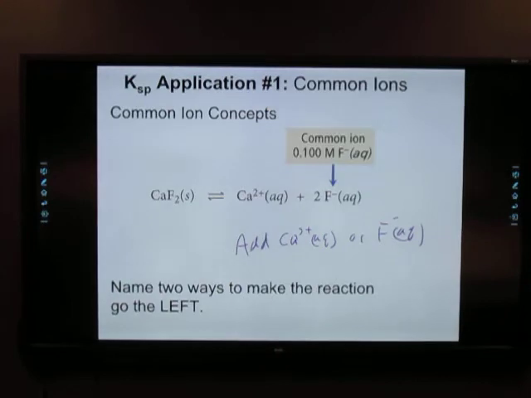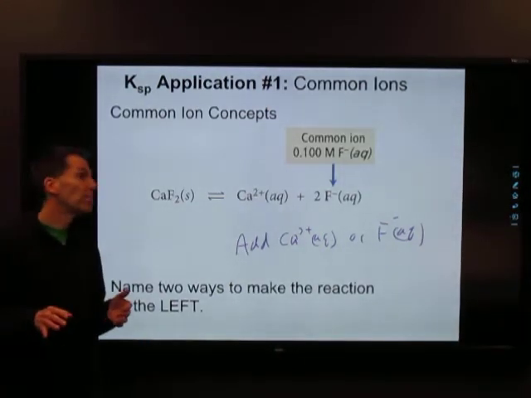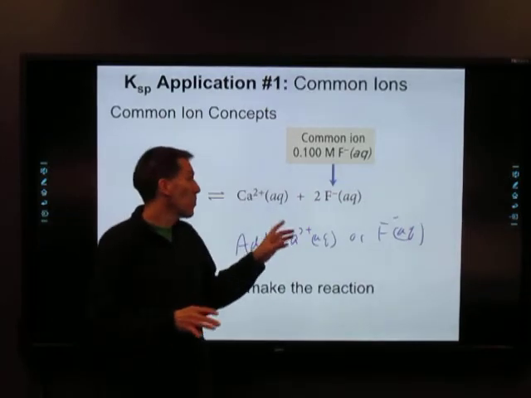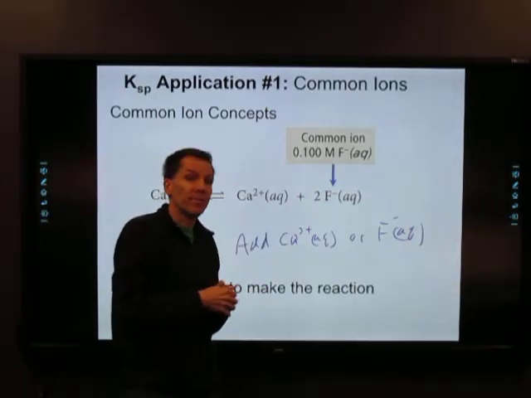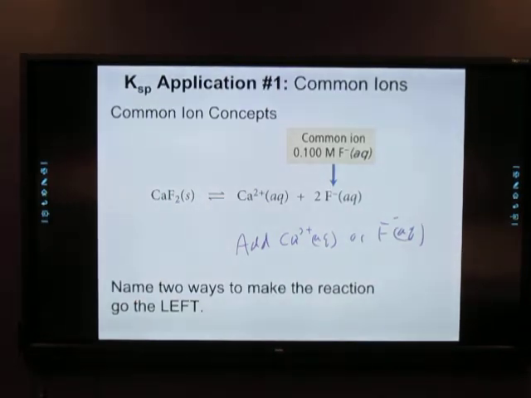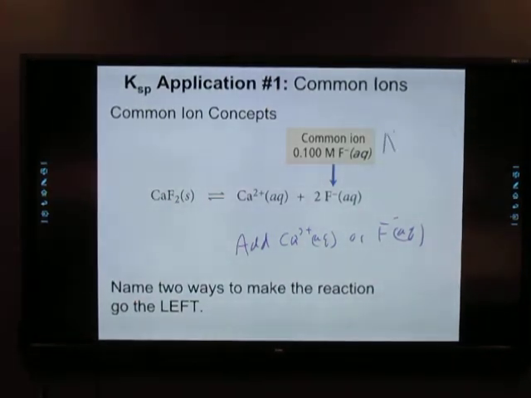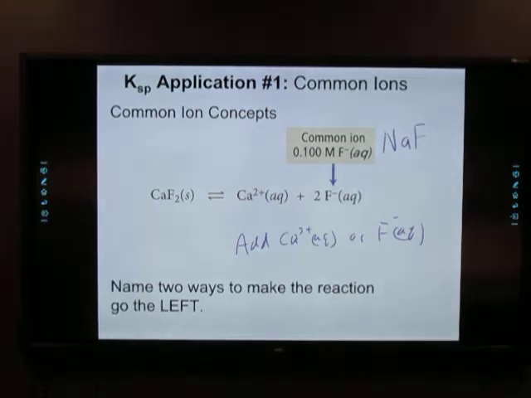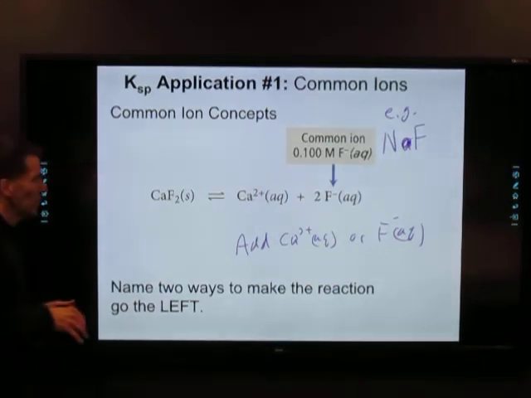And so that's where the name common ion comes from. What we're doing is we're taking one of the ions already present, and we're adding more of one of them. You could use, let's say, a water-soluble compound, NaF, totally water-soluble.